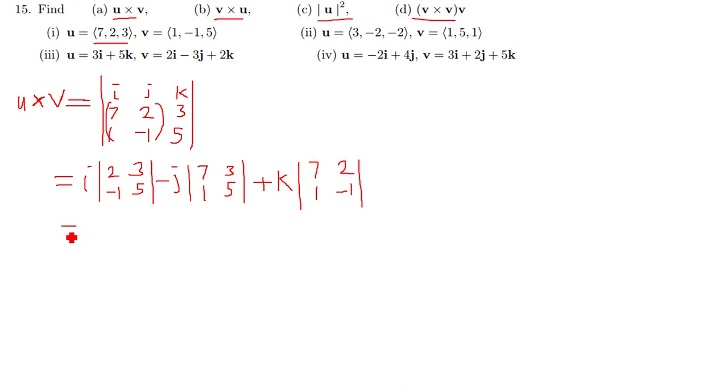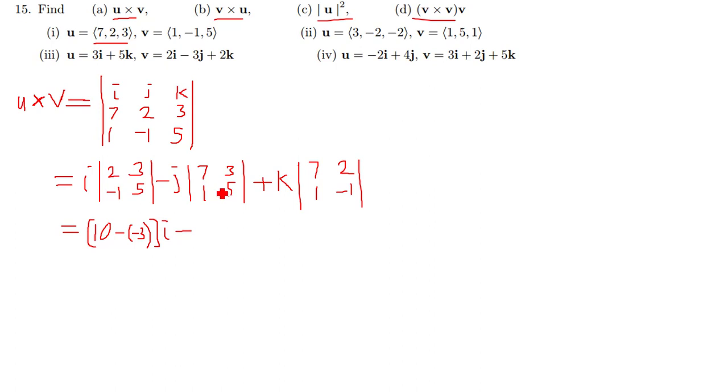Okay, so let's quickly now find the determinants. The first determinant that we have: 2 times 5 gives you 10, minus negative 1 times 3, which gives negative 3. So 10 minus negative 3, and we put i outside.